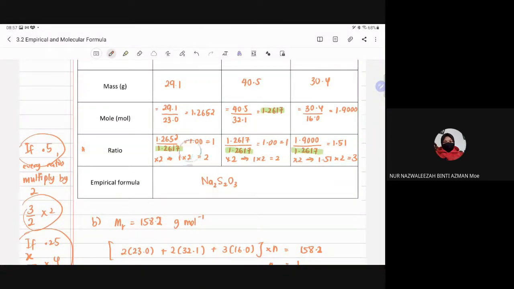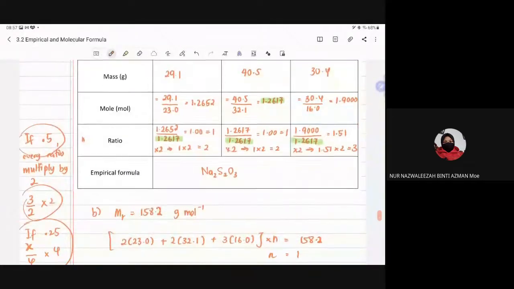Tapi sebenarnya nombor yang dekat sini, highest common factor dia bukanlah nombor yang paling rendah. Okay, kat sekolah menengah kamu pernah belajar highest common factor adalah faktor sepunya tertinggi kot. Okay, highest common factor. So kalau kita nak guna yang ada decimal points, kalau guna highest common factor yang kamu belajar kat sekolah menengah tu, tingkatan 1 tu susah sikit lah. Jadi kita guna divide by smallest number.